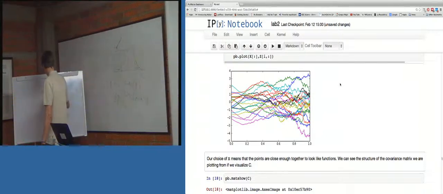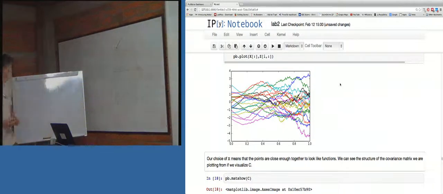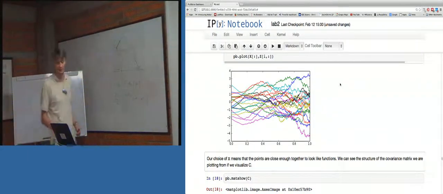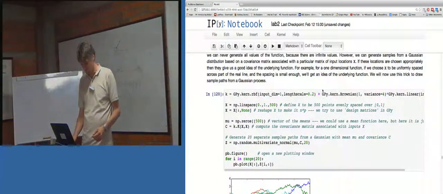I've not tried it before, is x comma x prime. So that's the form of that covariance function. As well.